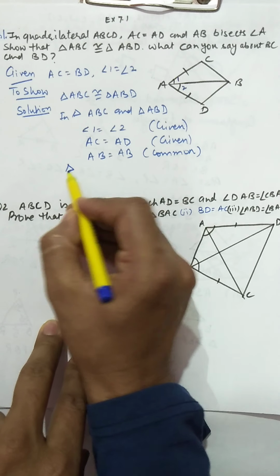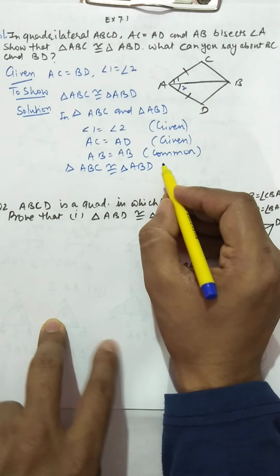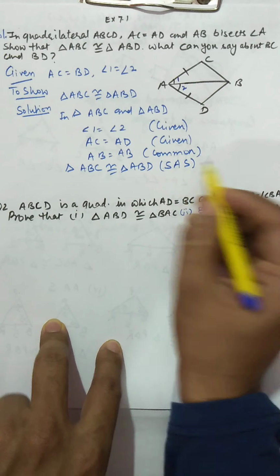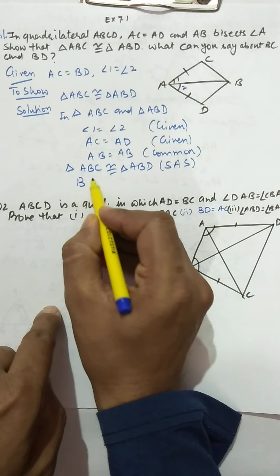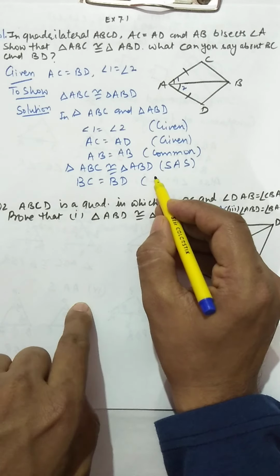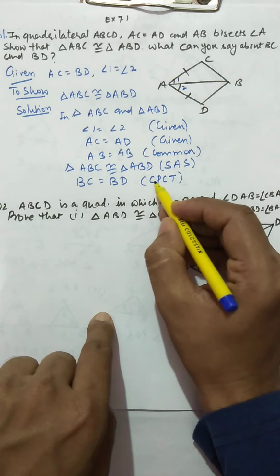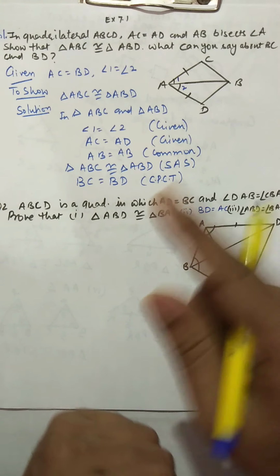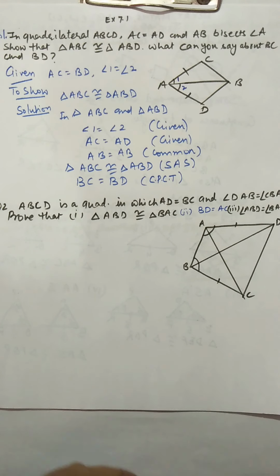So it simply means this triangle ABC congruent triangle ABD by the criteria side angle side, and now what you can say about BC, that BC will be equal to BD by CPCT, corresponding parts of congruent triangles, as you used to write. Corresponding parts of congruent triangles means the corresponding parts will all be equal. All parts includes all sides and all angles.